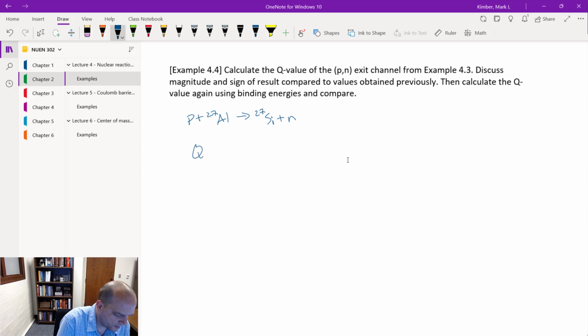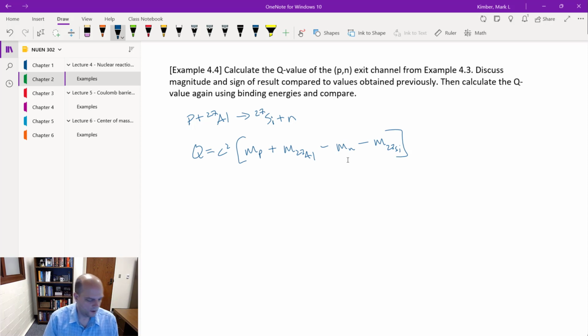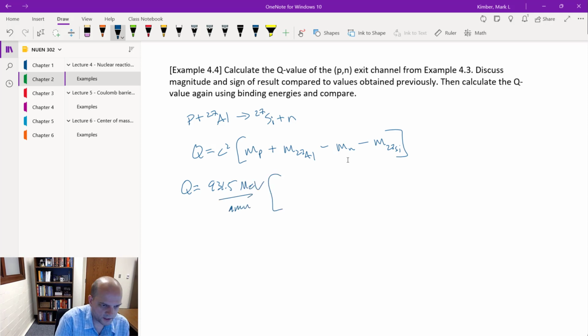And so my Q value, I'm just going to use the balance of masses here. So I've got my mass of the proton, I got the mass of aluminum, and then I'll subtract the mass of the neutron and the mass of the silicon-27. Mass of the proton, 1.007825.